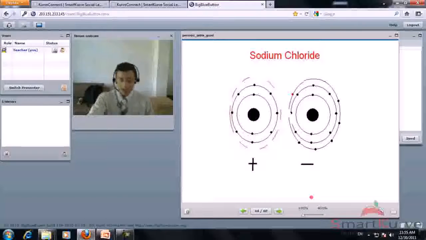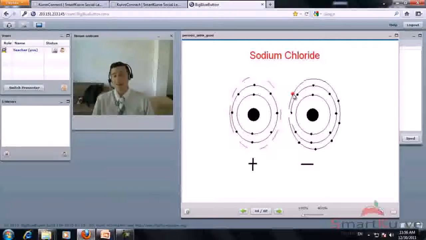The chlorine, remember, still has 17 protons in the nucleus. So that's like plus 17. But the chlorine now has gained an electron. So we have 1, 2, 3, 4, 5, 6, 7, 8, 9, 10, 11, 12, 13, 14, 15, 16, 17, 18 electrons.